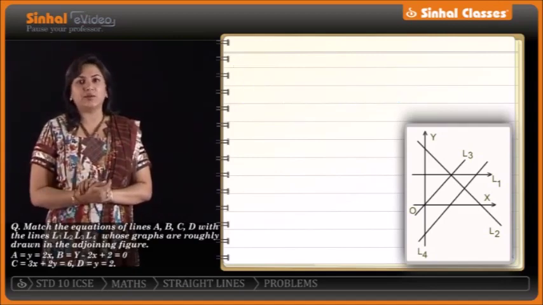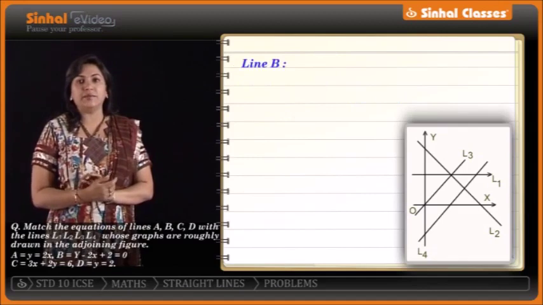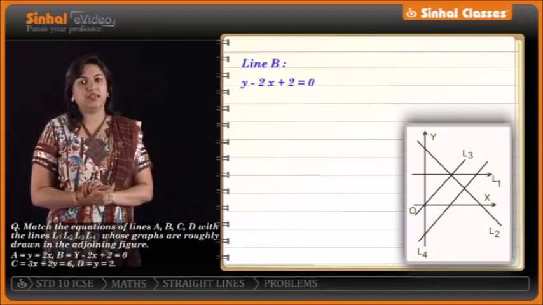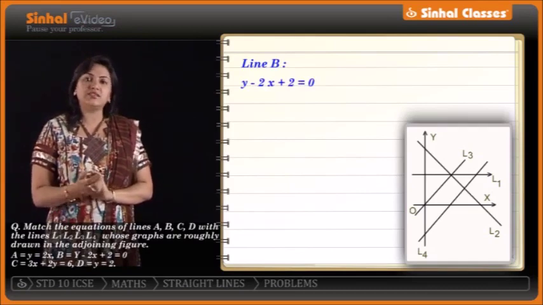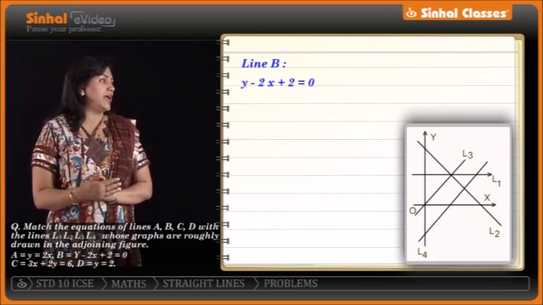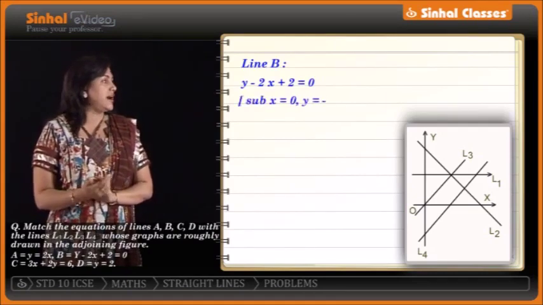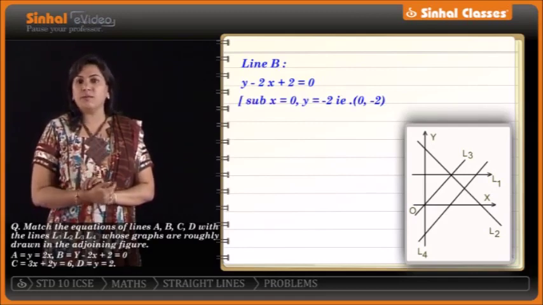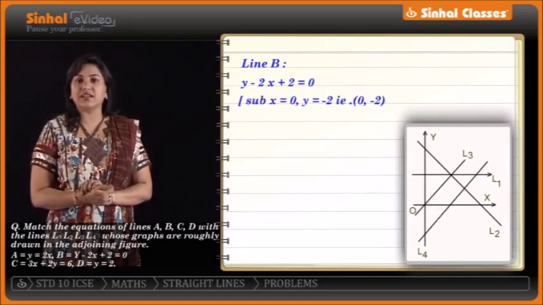We take the second equation, that is for line B, we have y minus 2x plus 2 is equal to 0. Now let's find out the x and the y intercept. We substitute x as 0, we get y is equal to minus 2. So the point (0, -2) lies on this line.